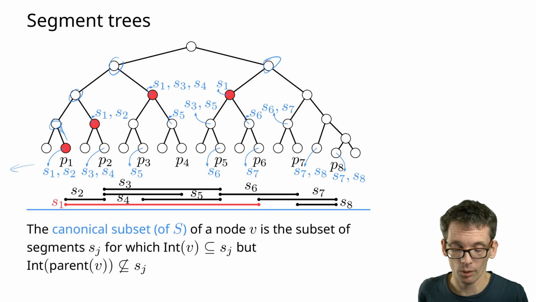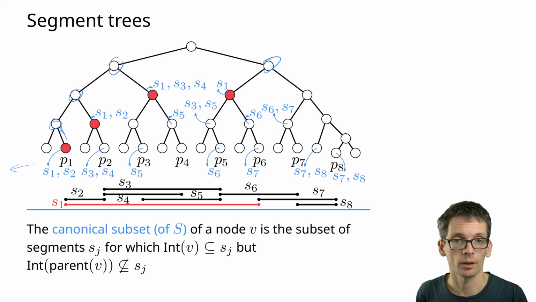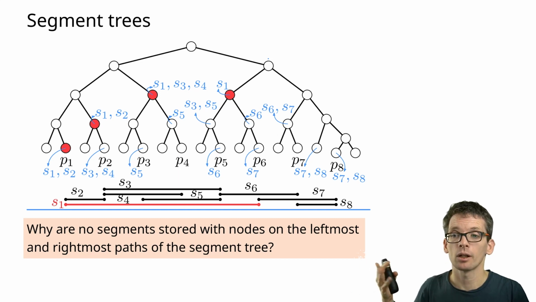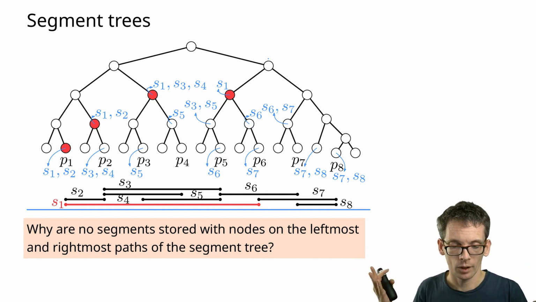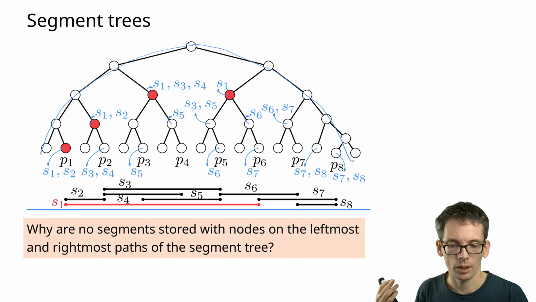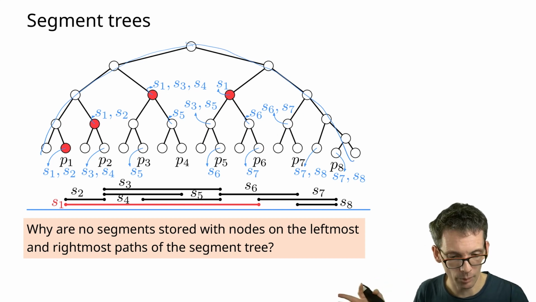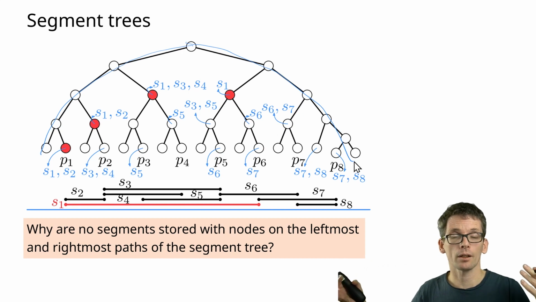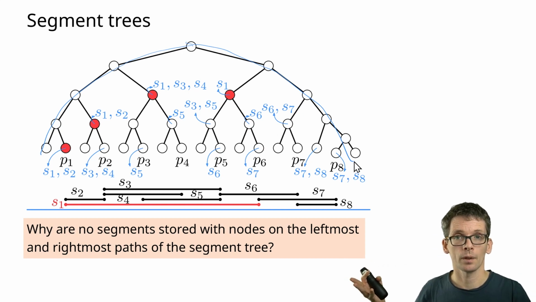So also that parent will not be covered by that segment. Okay, and that already answers the following question: why don't I store any segments on the leftmost and rightmost path? As you see, I didn't indicate any segments here, and the reason is that here I include minus infinity and infinity.